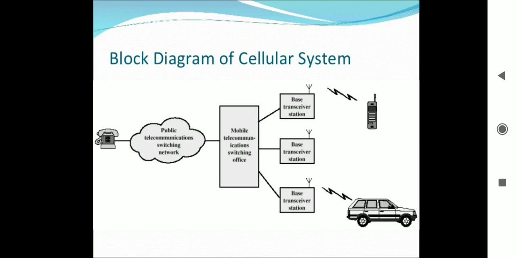The same set of channels may be used to cover different cells separated from one another by a distance large enough to keep interference levels within limits. So this is the overview of the frequency reuse system.